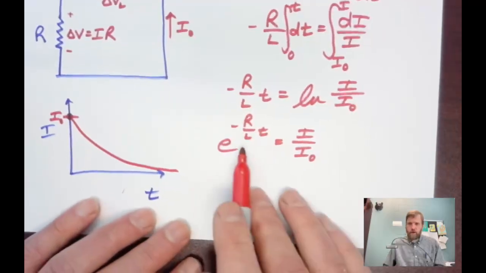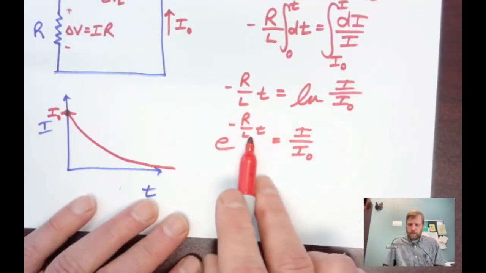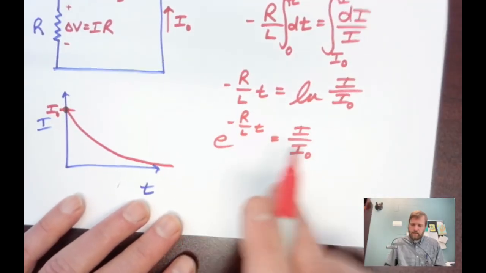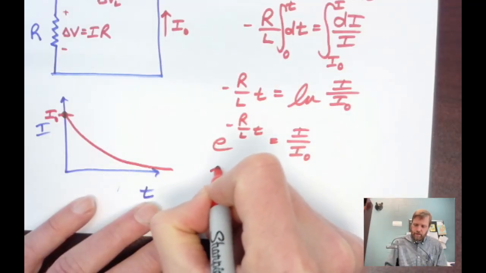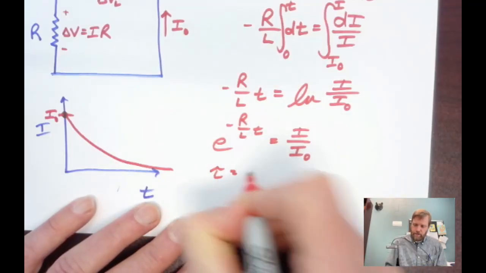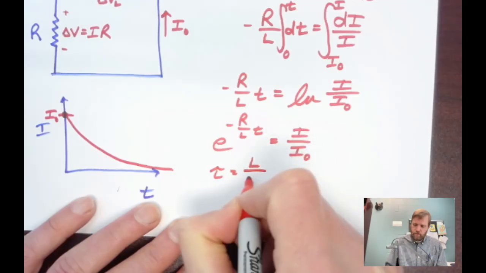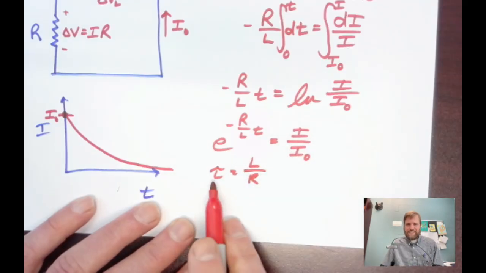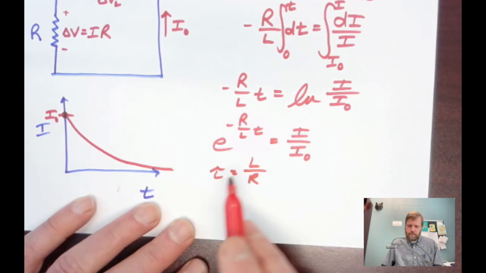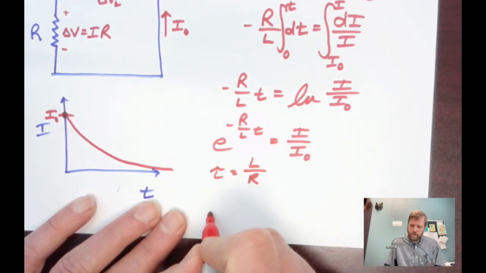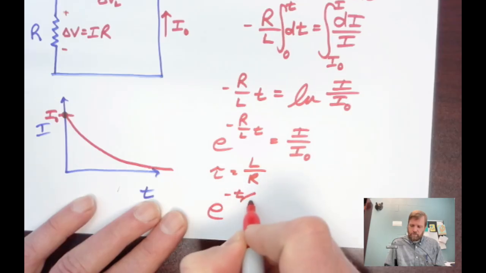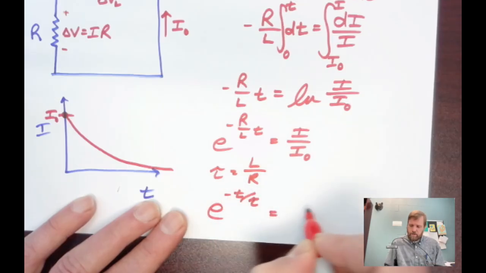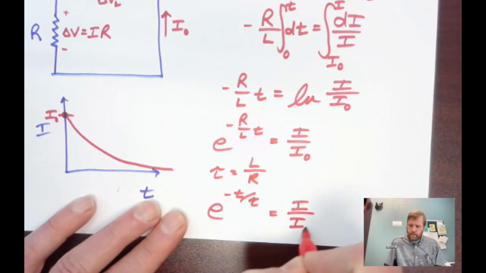Now up here in the exponent, oftentimes this is defined as tau equals L over R. So tau is the time constant. And then we can write the equation as e to the minus t over tau equals I over I naught.